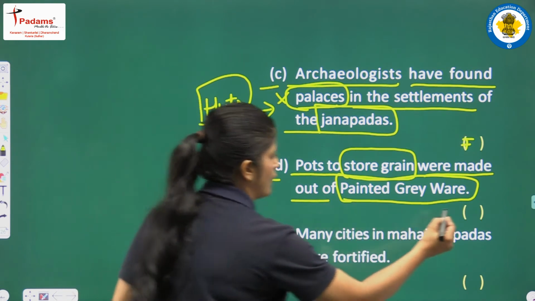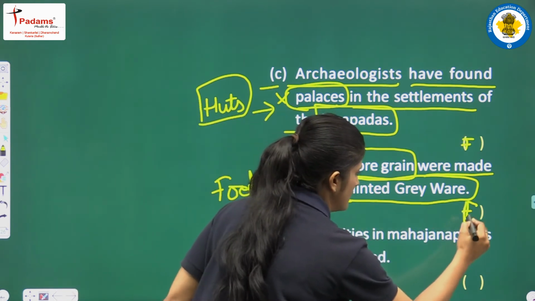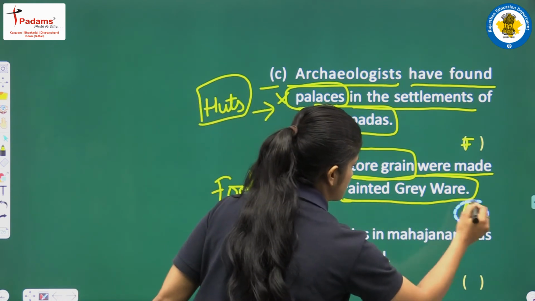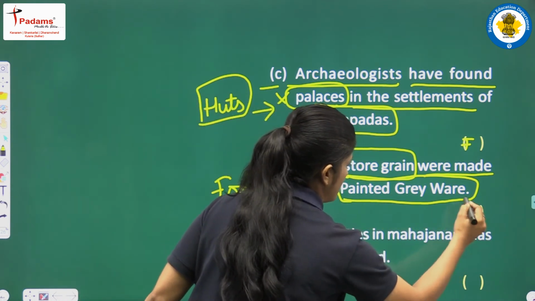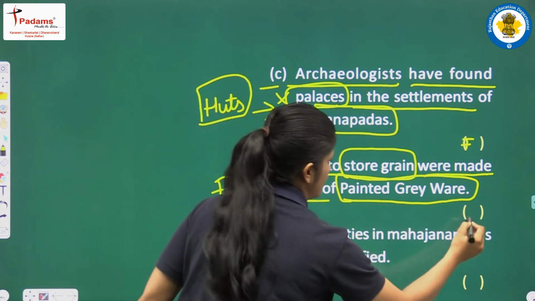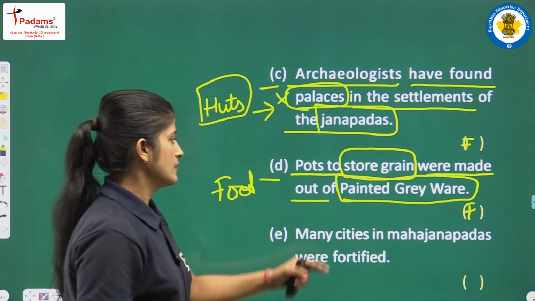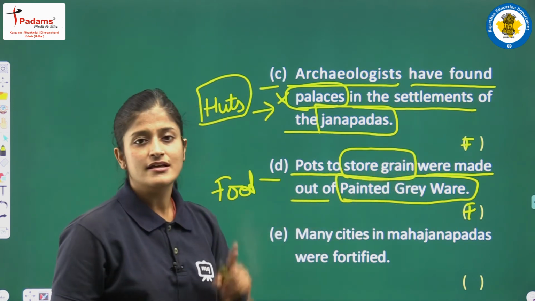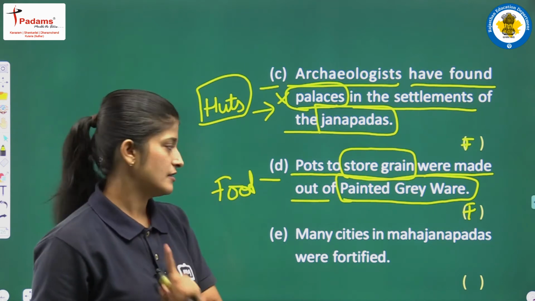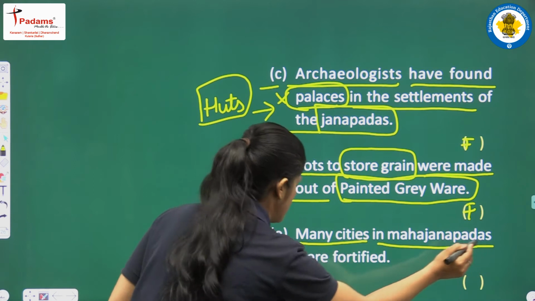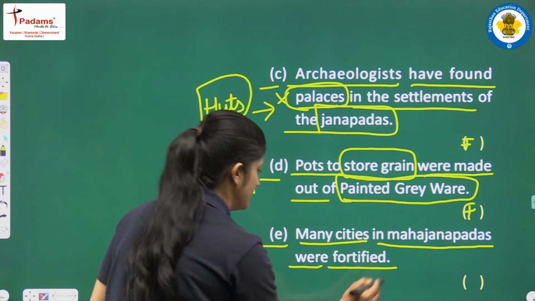So pots to store grain were made out of painted gravel is a false statement.